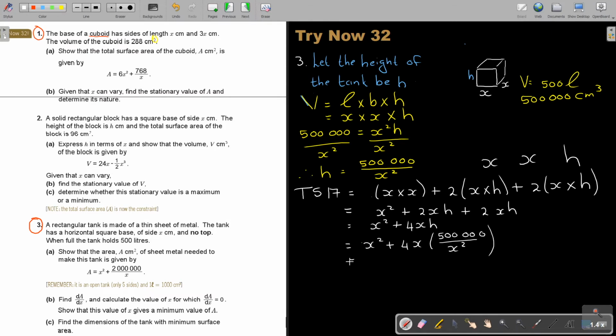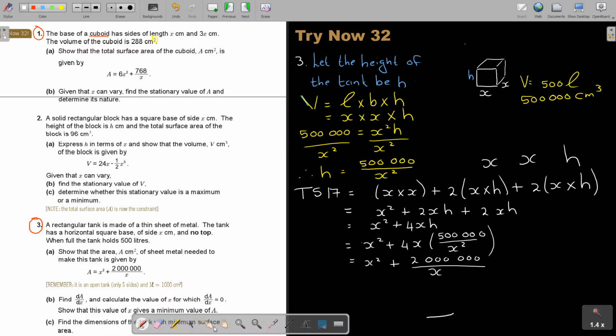And that is going to give me x squared plus, and now I multiply, so now I'm already at 2 million. And the x cancels with that over x. Okay, and then I'm at number B.